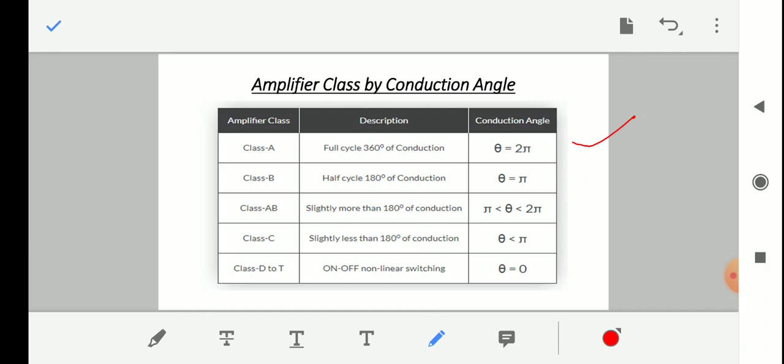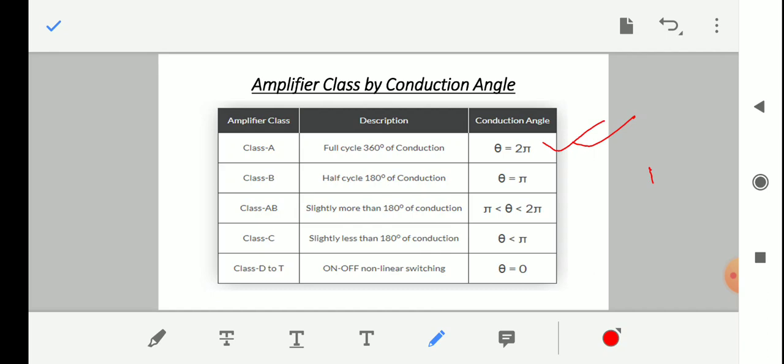This full cycle or 360 degree of conduction is with respect to the applied input signal. So the conduction angle for the class A amplifier is 2 pi or 360 degree.